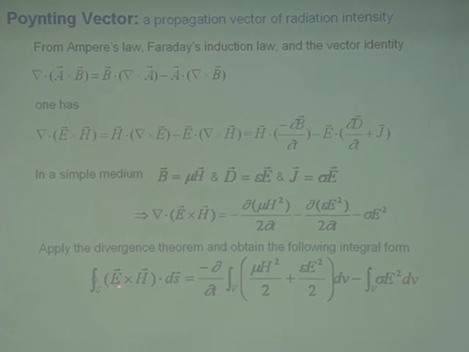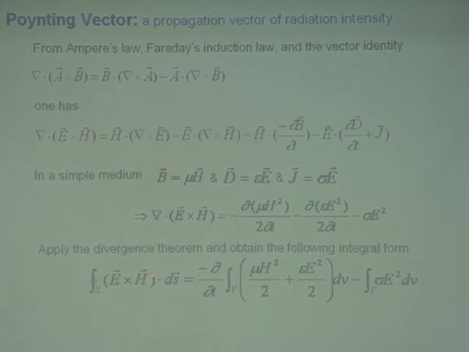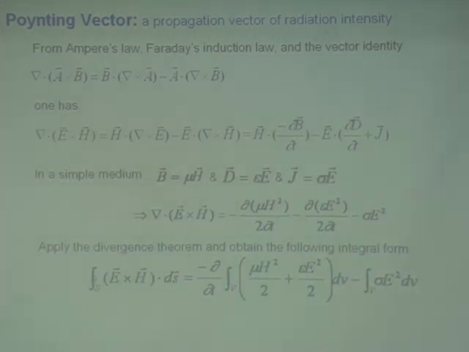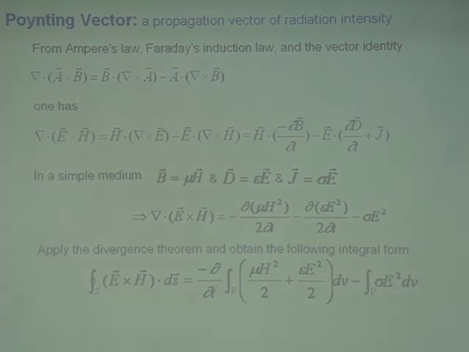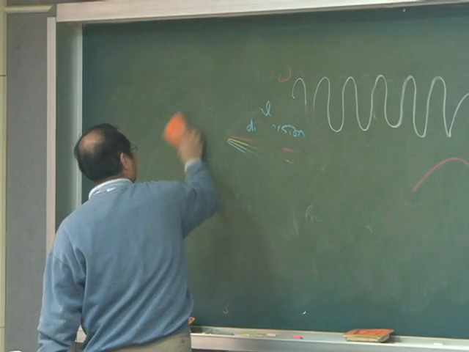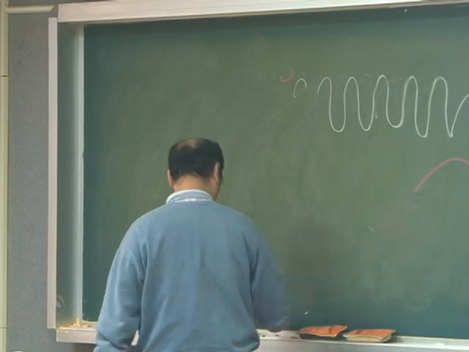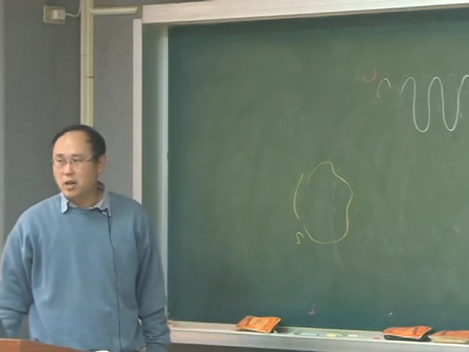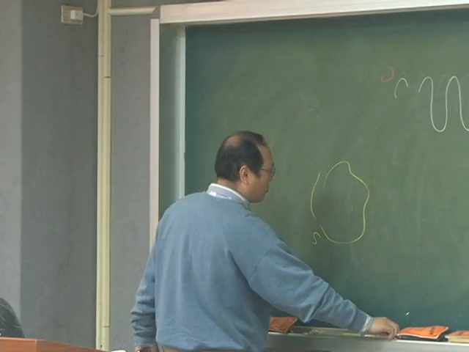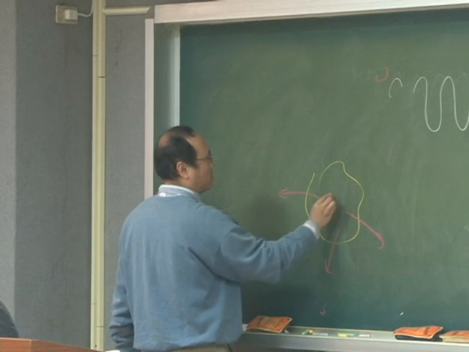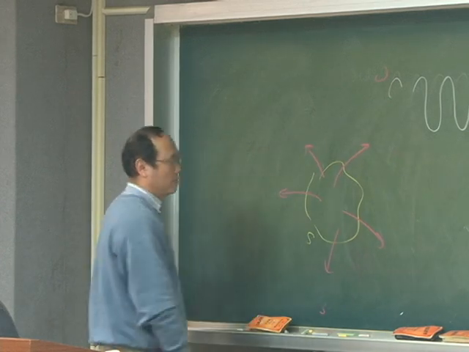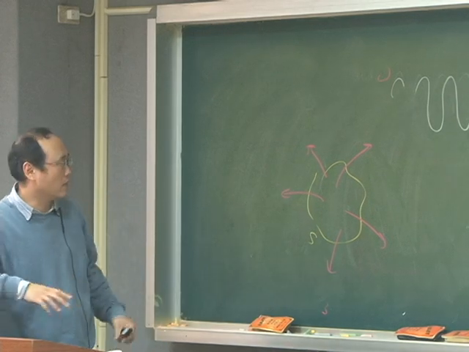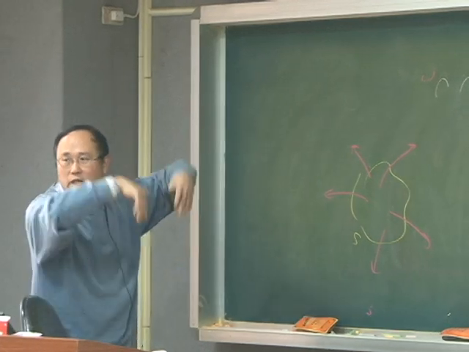And then on the left-hand side, you have an integration over surface. So think about some geometry. There's a surface bounded volume, and then you have radiation. If we just do a surface integration, then you can collect the radiation going out or coming in.